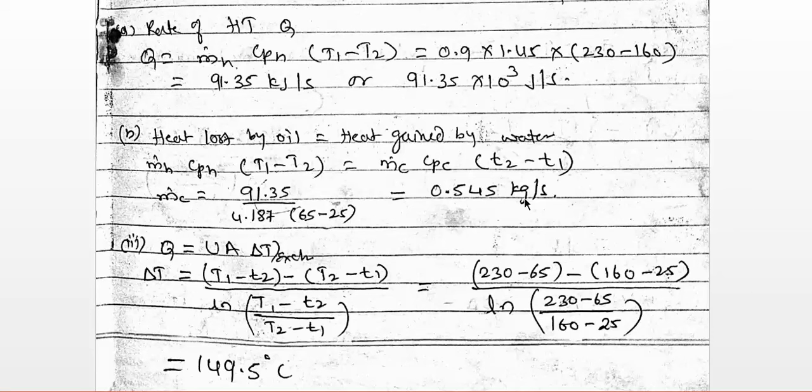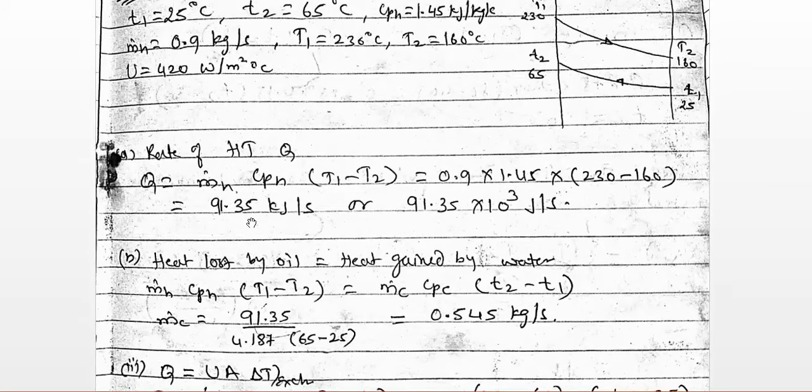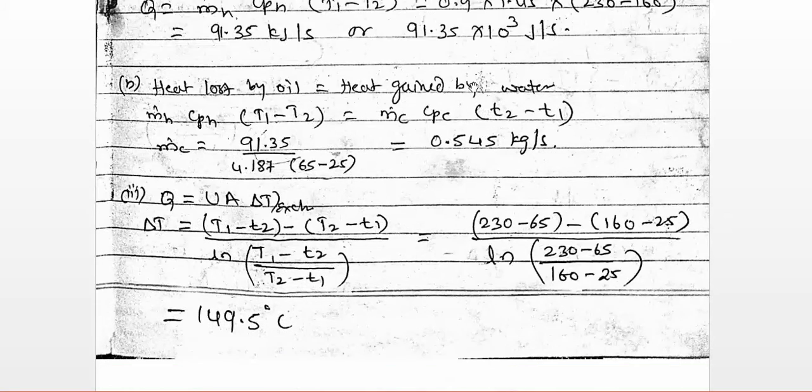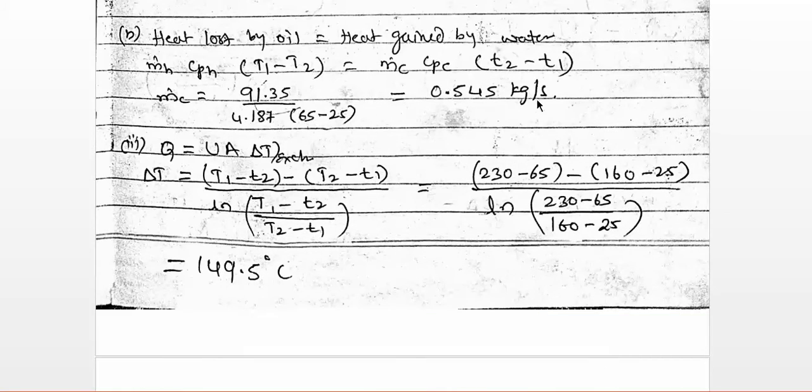One thing you should remember: the value of Q, I have taken as 91.35 kilojoules per second, and at the same time the specific heat value is also in terms of kilojoules. So whatever value you get is in terms of kg per second only.